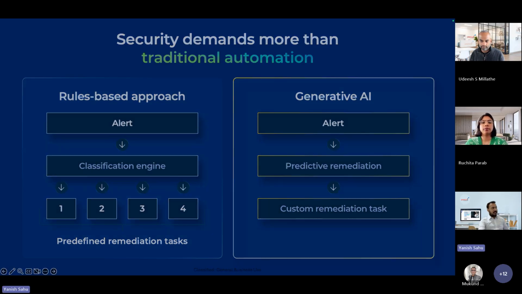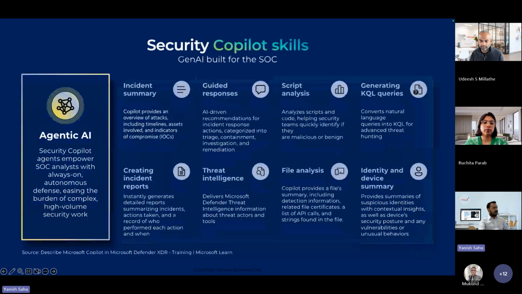So for that, we get a lot of Copilot skills in terms of summarization of incidents, guided responses, script analysis, the natural language to KQL, incident report management, threat intel investigation, either from Microsoft or from third-party sources, file analysis, and of course, the summary of identity and device with the different agents that are coming into play.